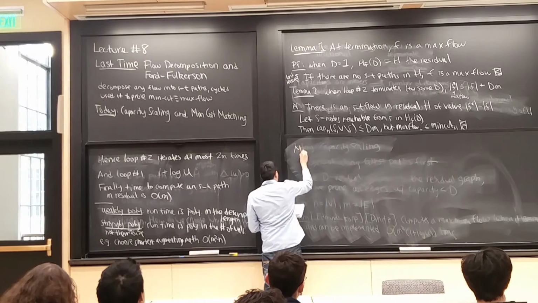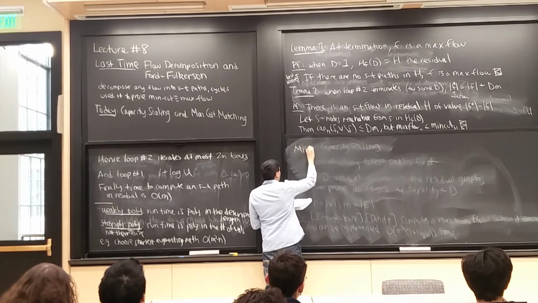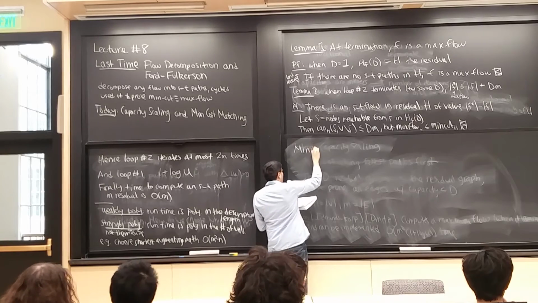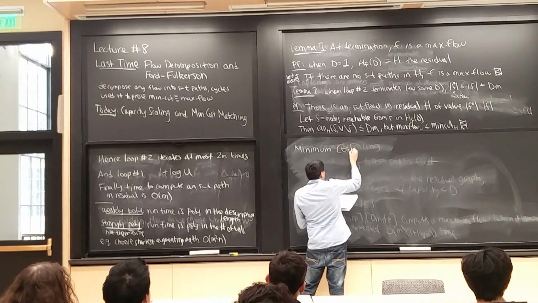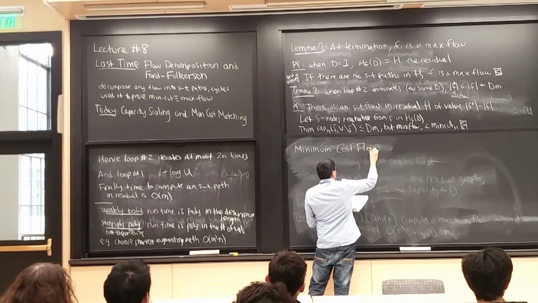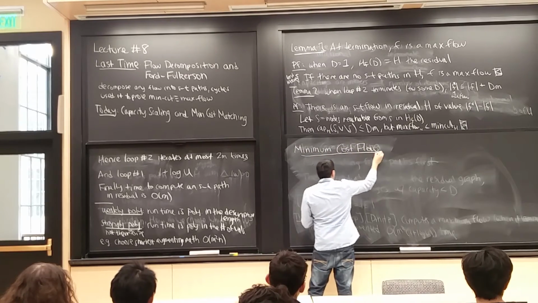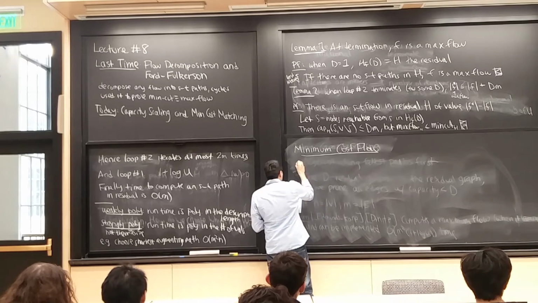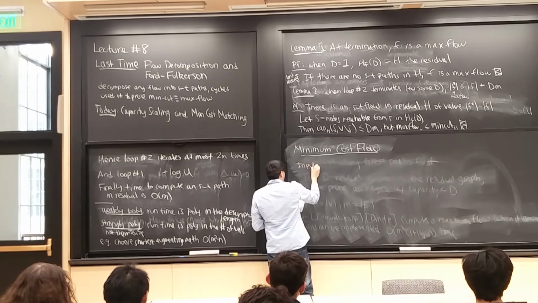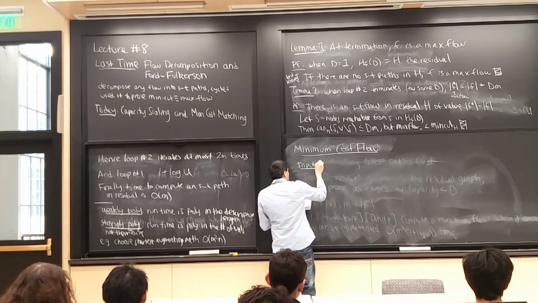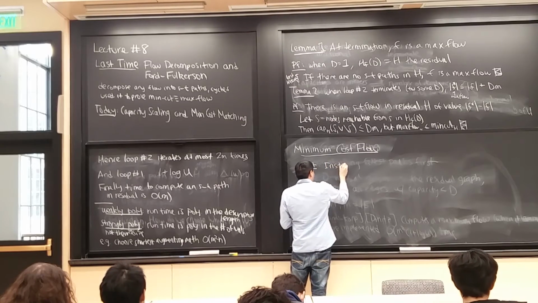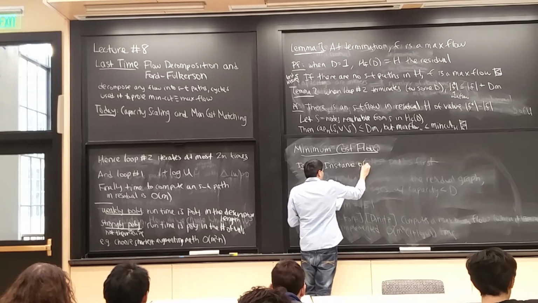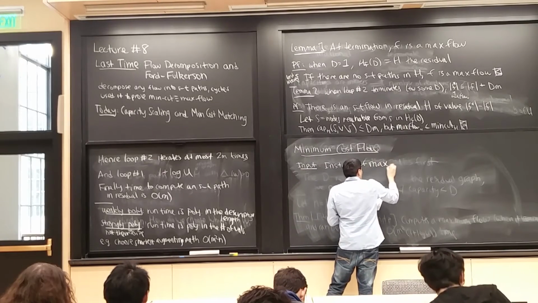So let's do it. Min-cost matching is really a special case of the following. We're going to study this problem eventually in full generality, and this problem is called min-cost flow. So min-cost flow has all the usual notions from max flow. After all, it's a generalization. So our input is an instance of max flow.